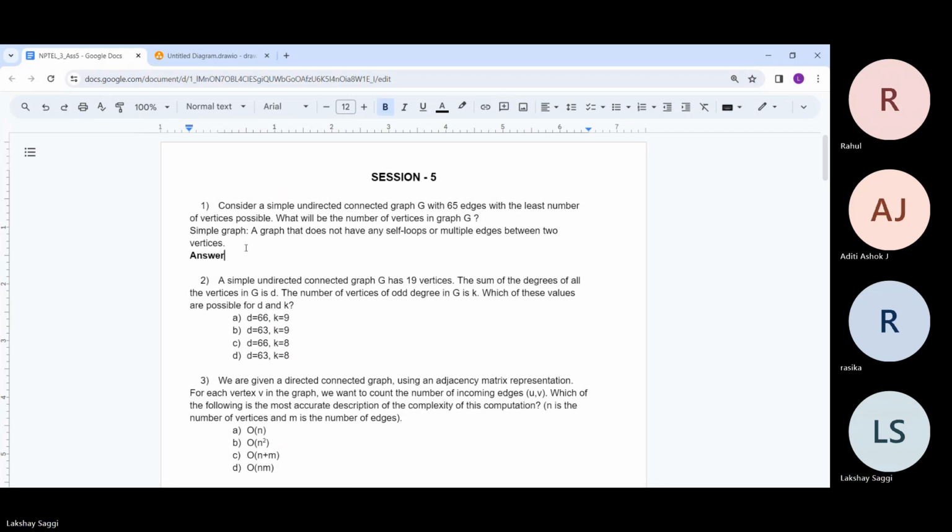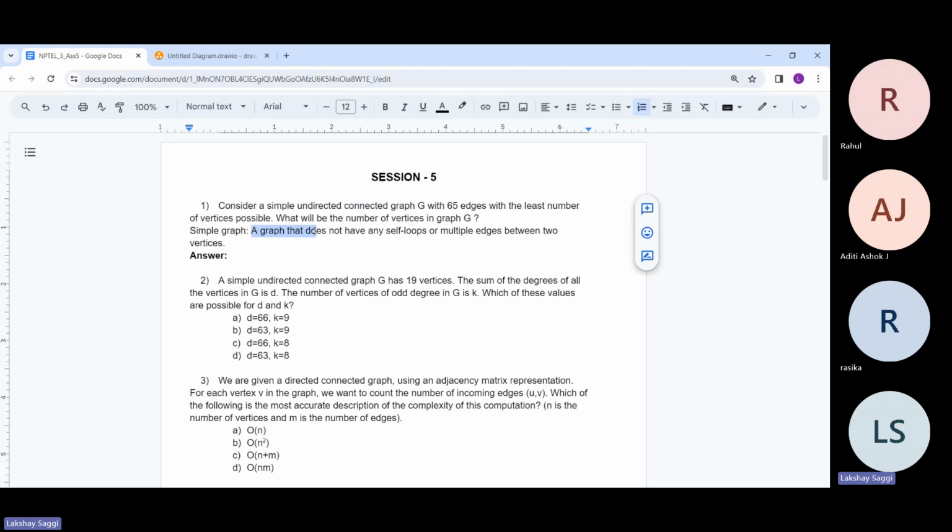So the first problem is saying: consider a simple undirected connected graph G with 65 edges with the least number of vertices possible. Then what will be the number of vertices in the graph G? So what's a simple graph?